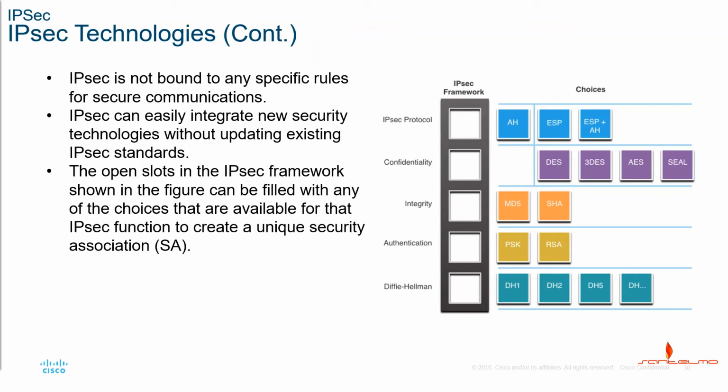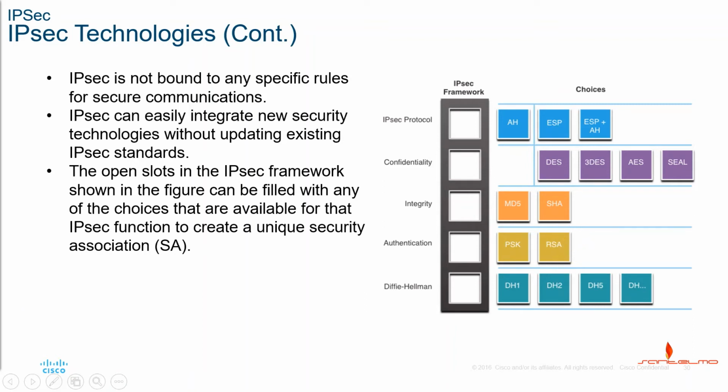IKE uses several types of authentication, including plain username and password, one-time password, biometrics, and pre-shared keys, or PSKs, which is common, and also a digital certificate using the Rivest-Shamir-Adleman, or RSA, algorithm. For authentication, the choice is ours: either PSK or RSA.